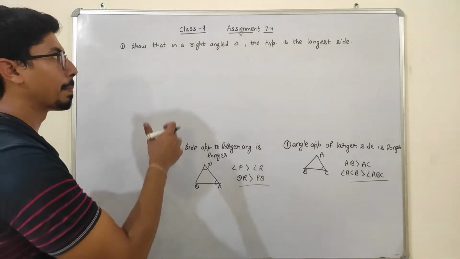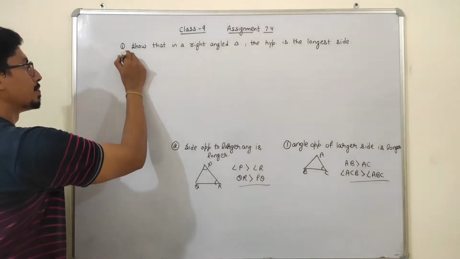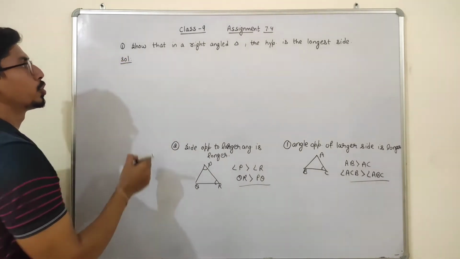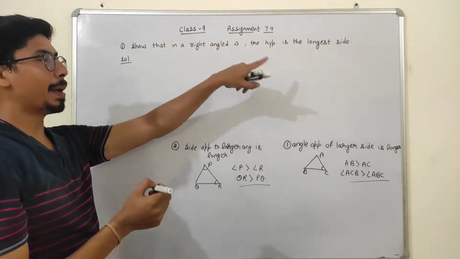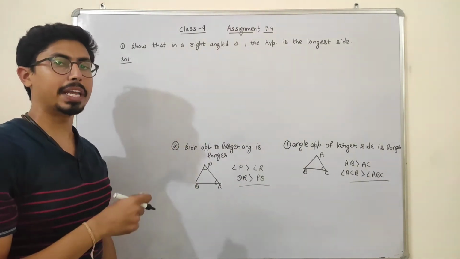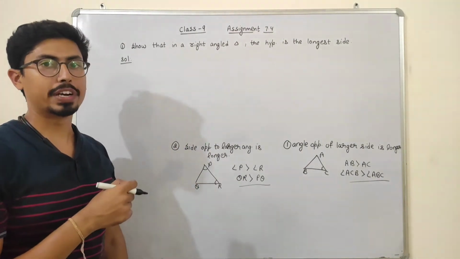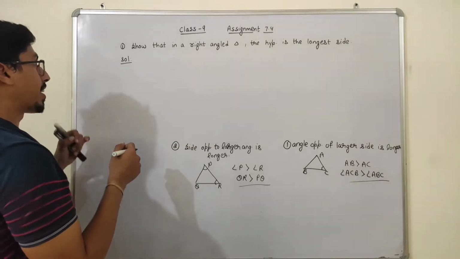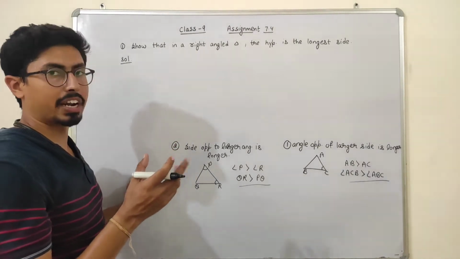So coming back to question number one, students: show that in a right angle triangle the hypotenuse is the longest side. We know this property, but in this question we have to prove it. So let us consider a right angle triangle.